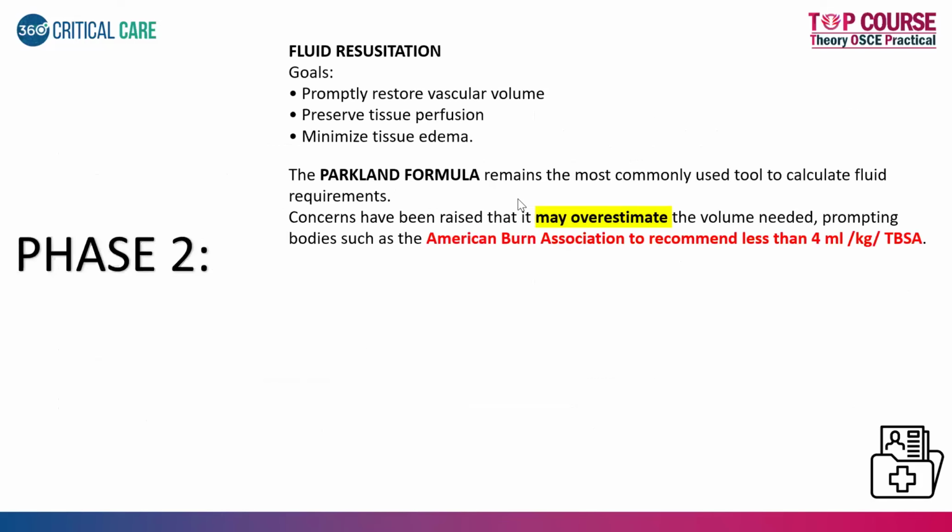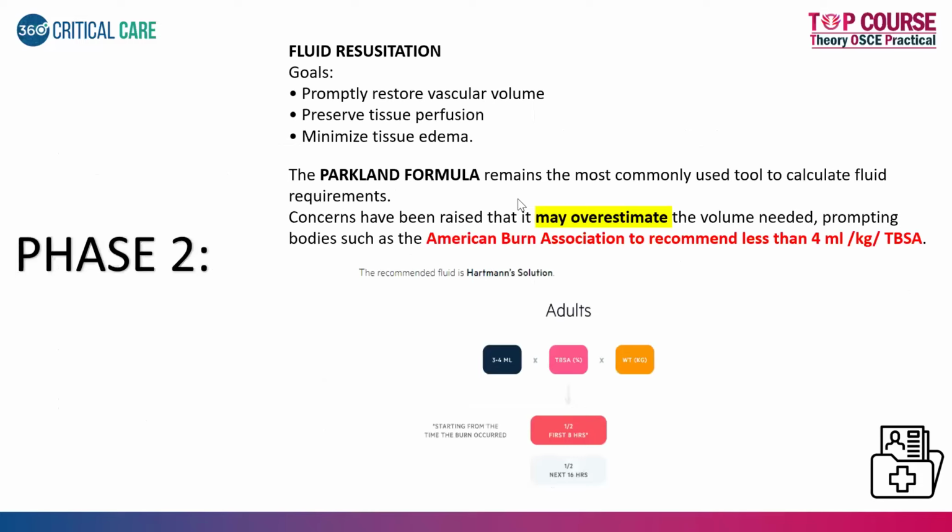Coming to phase two, that is the most important phase of burns management, the fluid resuscitation. Usually, the goal of fluid resuscitation in burns is to promptly restore the vascular volume and preserve tissue perfusion, which minimizes end organ damage, and judicious fluid resuscitation should happen to minimize tissue edema.